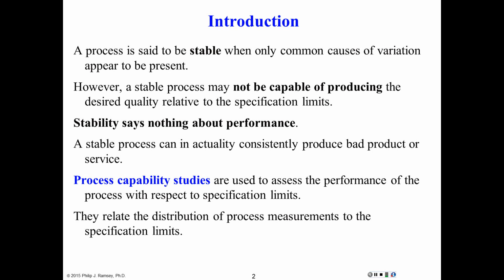So process capability studies, and we're going to discuss one specific approach to it, are a way to try to at least specify how capable the process is, usually with respect to some sort of specification limits or specification requirements placed on the process.